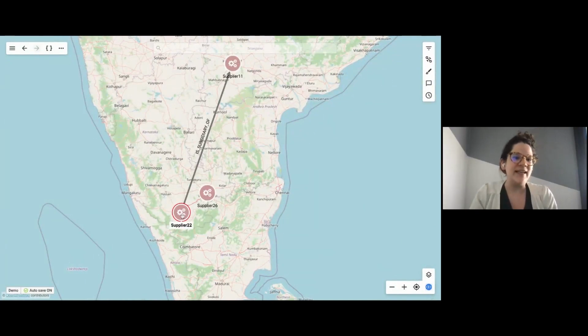And again, I can see if there's, let's say, a flood, not only is supplier 22 affected because it's in the south of India, but it's also a subsidiary of supplier 11. So I can know that I might need to check in with my warehouse for supplier 11, even if they're not in that geolocation, because I can clearly see that dependency.